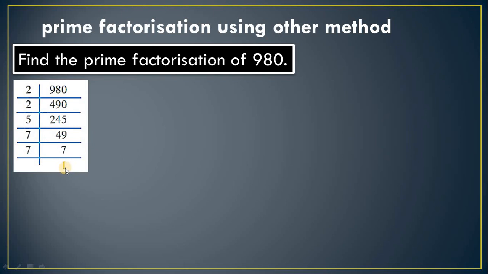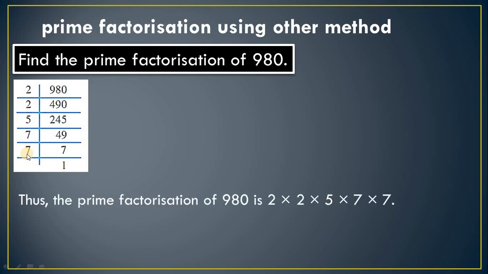So you have to continue till your answer is 1. Once you get 1, whatever numbers you got on the right hand side, you have to multiply them. So the prime factorization of 980 is these numbers, and you have to do their multiplication. This technique is known as the prime factorization concept.